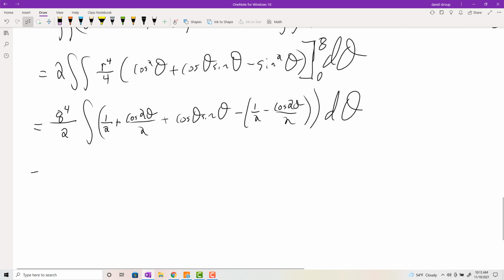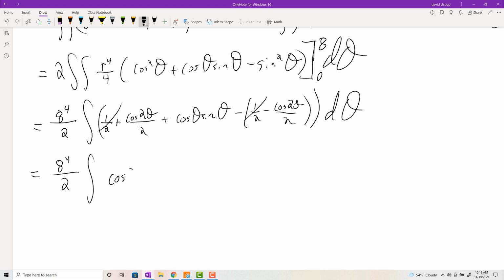And then that's going to give me 8 to the 4th over 2. And we have the integral of, so the 1/2s cancel, and you'll end up with 2 cosine 2 theta over 2. So just cosine 2 theta plus cosine theta sine theta d theta.